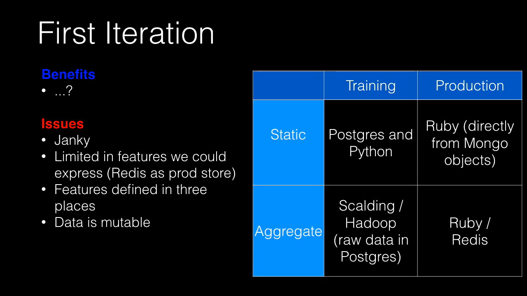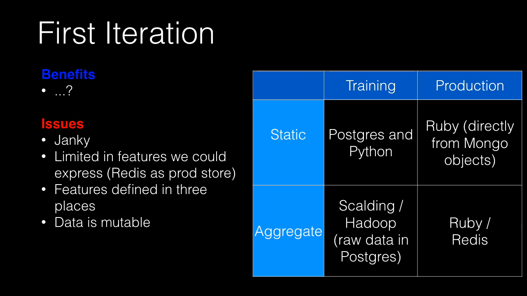So where are we with all of this? We want to compute static features and aggregate features, and we want to do so both in training and in production. Static features in training we obtained directly from Postgres. We mostly had to hope that the guy who wrote the tailer was thinking of the right fields for these denormalized tables. Sometimes we would do additional computation in Python, but that was really making things even more complicated.